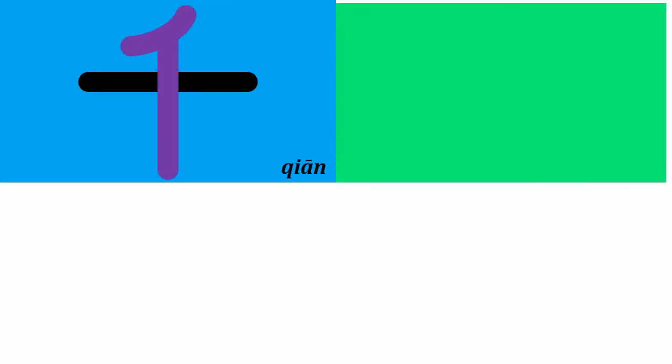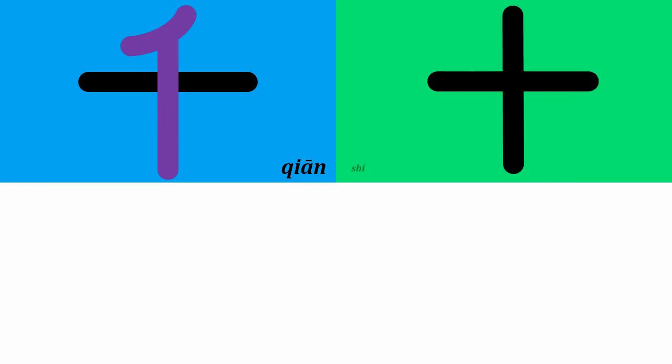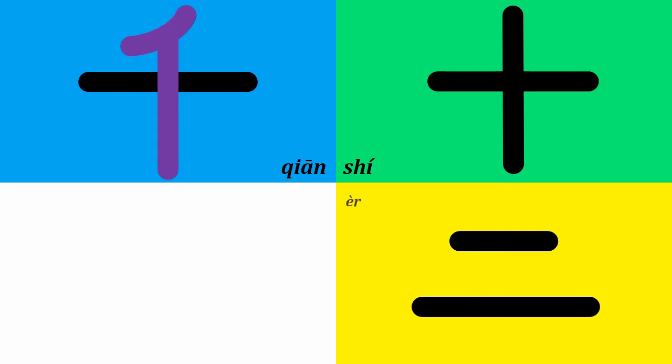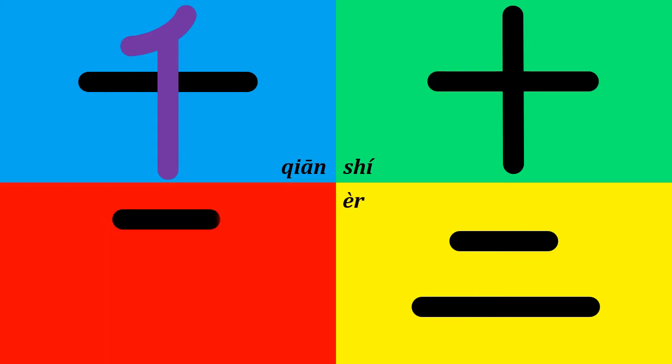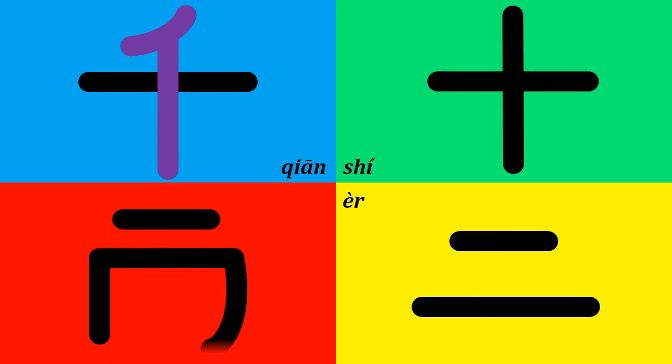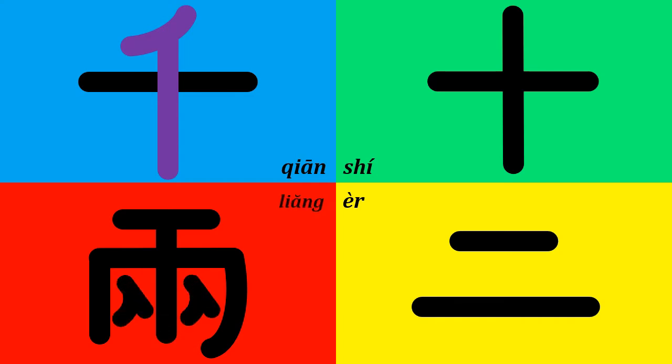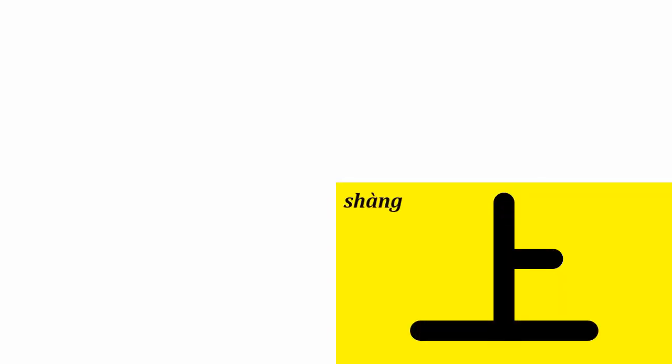Here is our color chart with today's 6 characters and their correct stroke order. 千, 十, 2, and 两. Shang, 下.